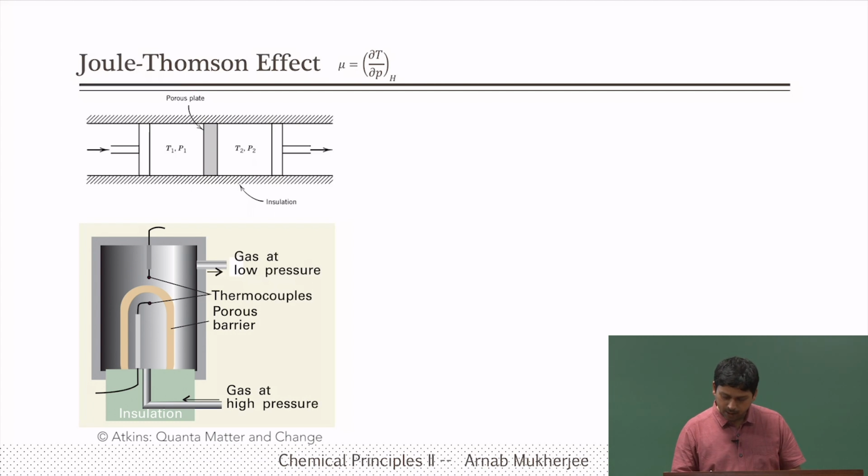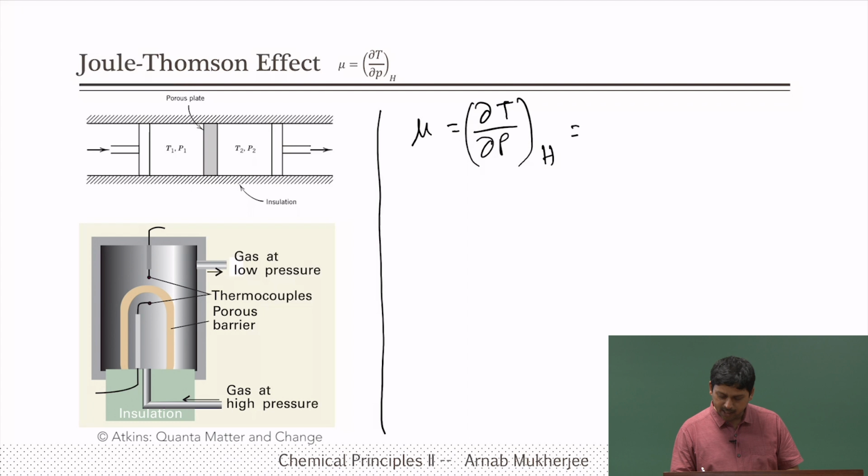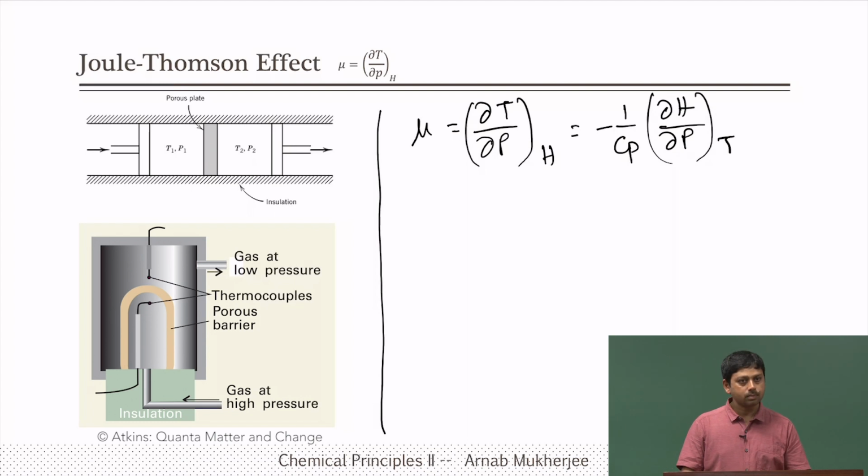So, before I ask you that one, let us write down once more that mu is del T by del P at constant H, which is minus 1 by Cp del H by del P at a constant T, right. I remember that by correlating with what was for Joule. If you by chance forget the formula, you can correlate with one of them and then remember. Now, what is the value of mu in case of ideal gas?